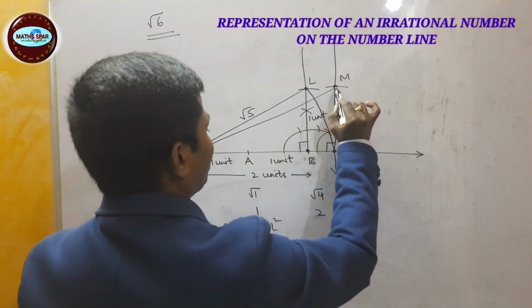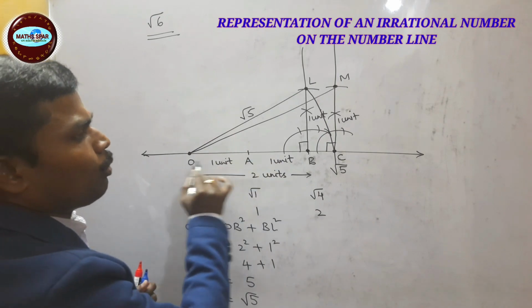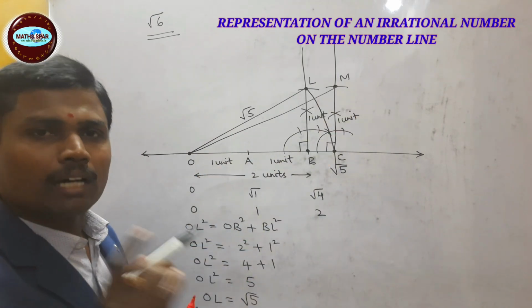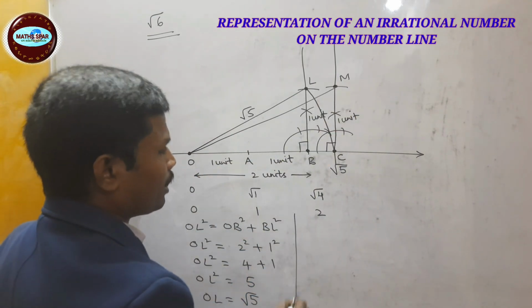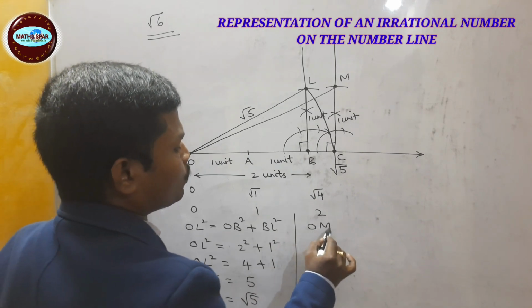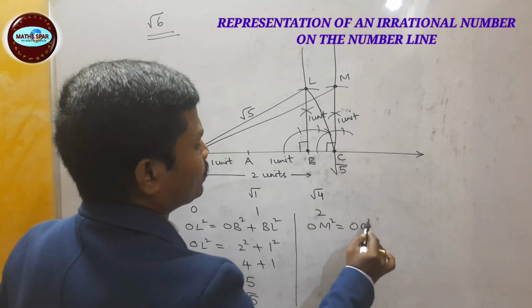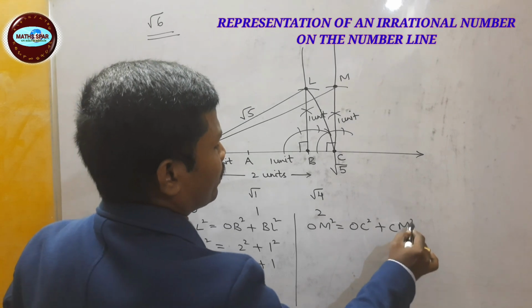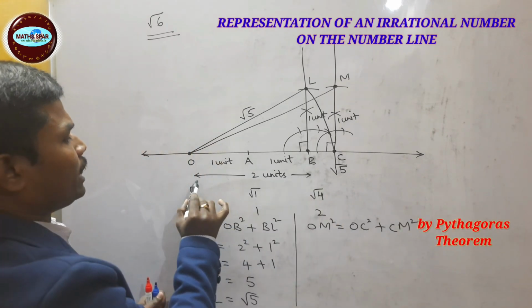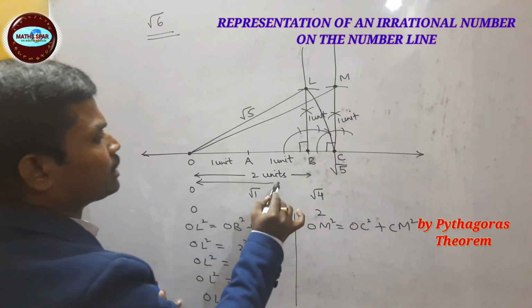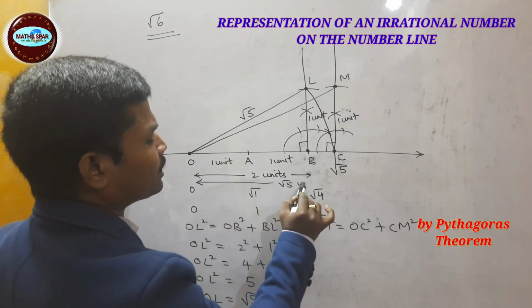then join OM. Now OCM is a right angle triangle in which OM square is equal to OC square plus CM square. Now what is OC? OC is root 5 units.